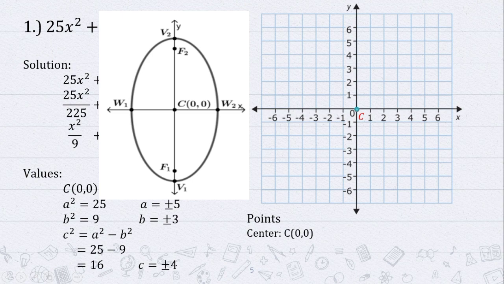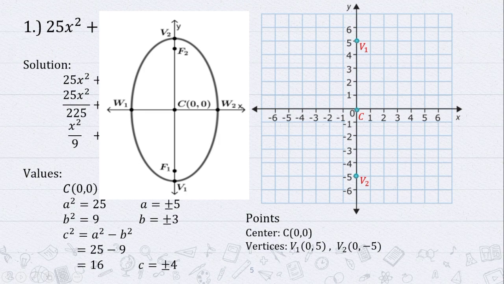Let's start with A. A is the distance from our center going to the vertices. So we have to count 5 units up and down. So we have here the following points. Our first vertex is at 0, 5, and the other vertex is at 0, -5. We can actually interchange the labeling here of the vertices.